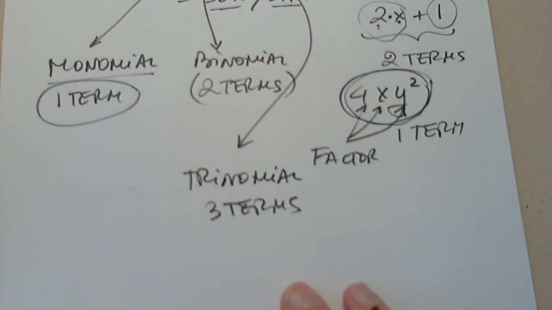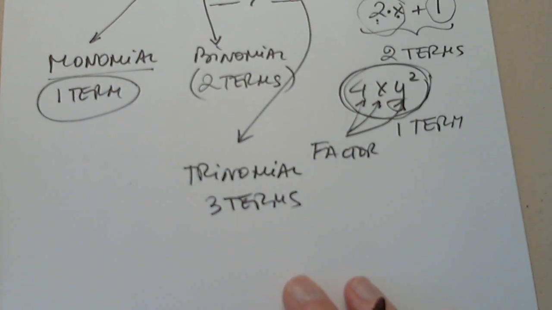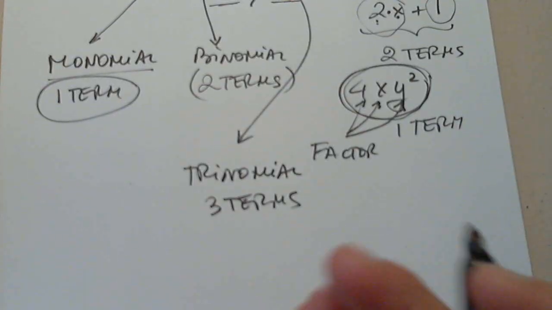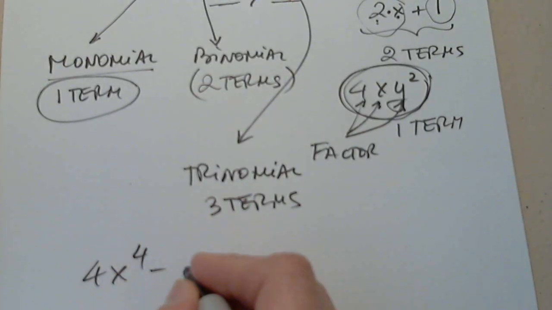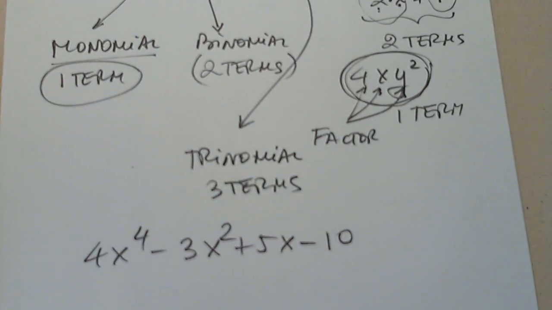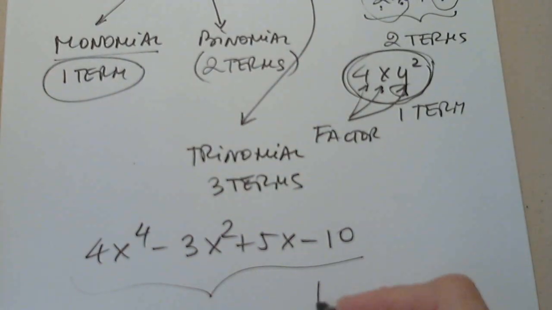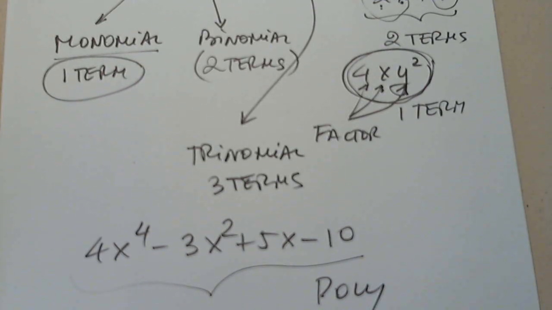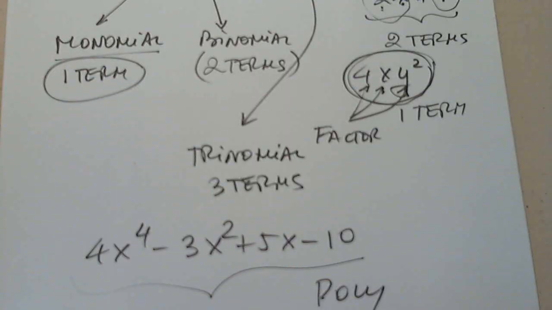Okay, so here is an example, and we had something like this before. 4x to the 4th minus 3x squared plus 5x minus 10. This is a polynomial. Can anyone tell us how many terms does it have? 4. Yes, indeed, it has 4 terms.